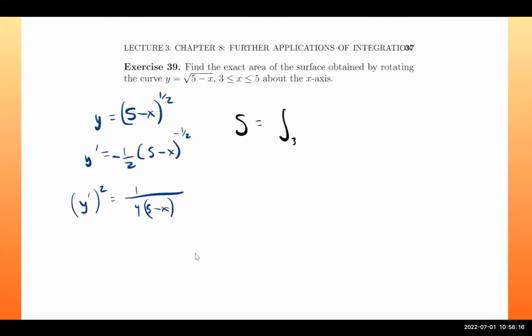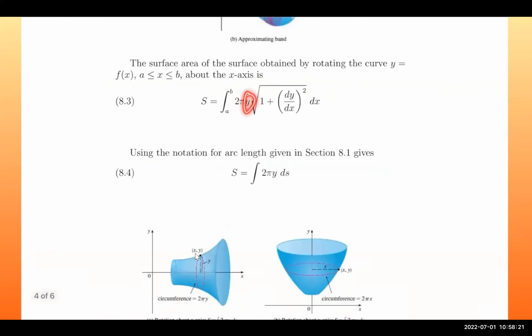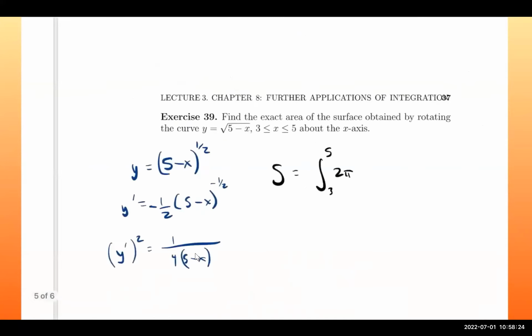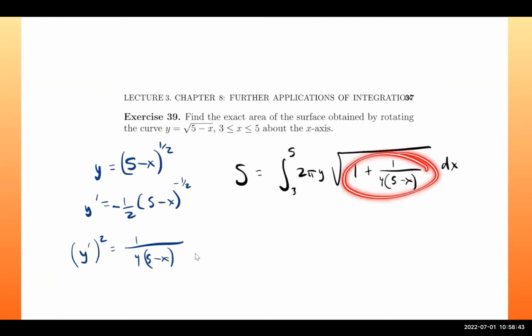So the formula becomes surface area equals the integral from 3 to 5, 2 pi, and once again it is 2 pi y when you're rotating about the x-axis, times the square root of 1 plus the derivative squared, which is 1 over 4 times 5 minus x, all with respect to x. Now we need to simplify this part. Since we're integrating with respect to x, we don't want any y, so we substitute the function into y.